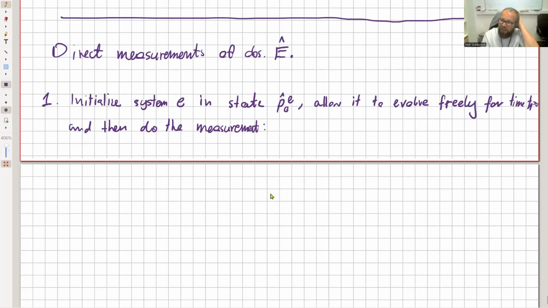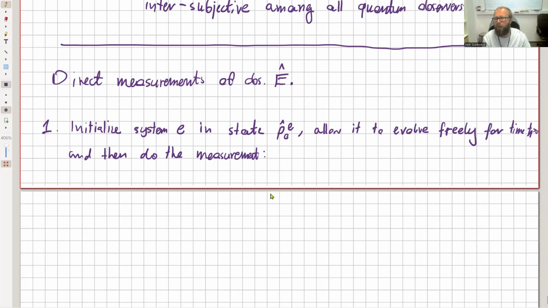According to the Born rule, the probability of getting any specific result E1, given that the state of the system was ρ_E(T1), so initial ρ_E evolved for time T1.